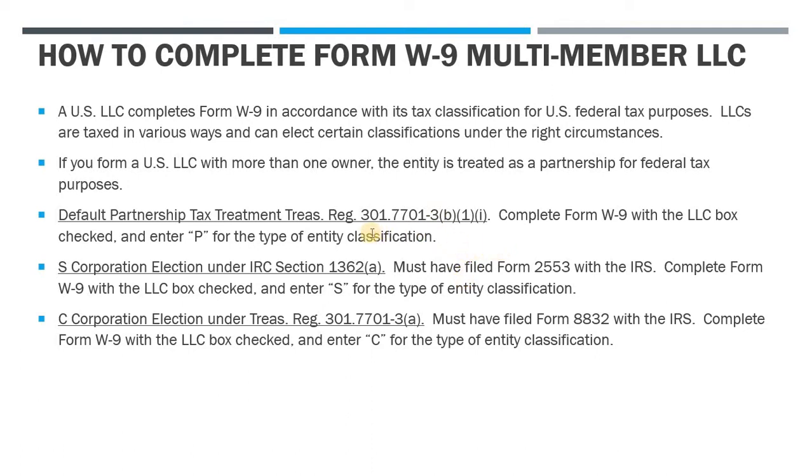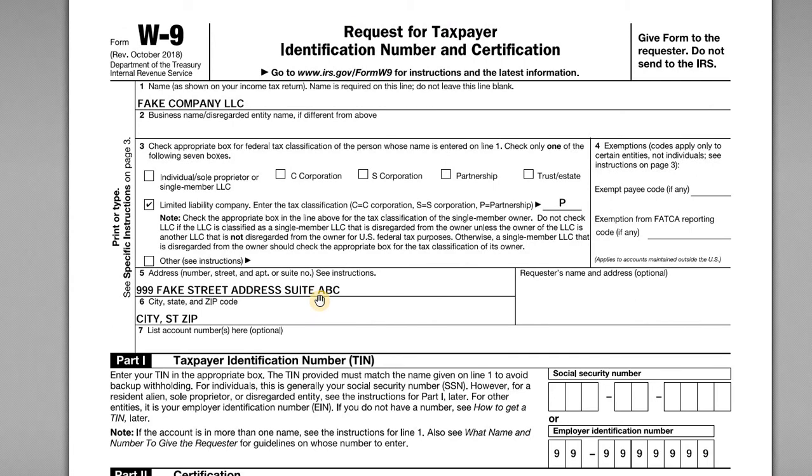And so specifically with the partnership treatment, if we have a U.S. multi-member LLC treated as a partnership, we haven't made any elections to be taxed as an S corp or a C corp, we would complete the W-9 by checking the LLC box and enter P as the type of tax classification, right? That's the Chapter 3 status.